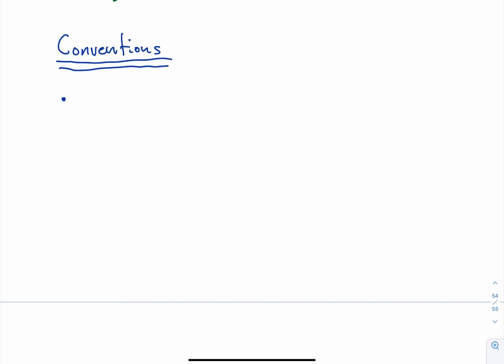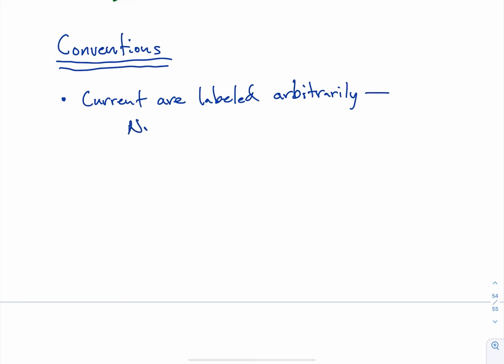Our first convention is that we label our currents arbitrarily or randomly. In other words, no preferential direction is given.